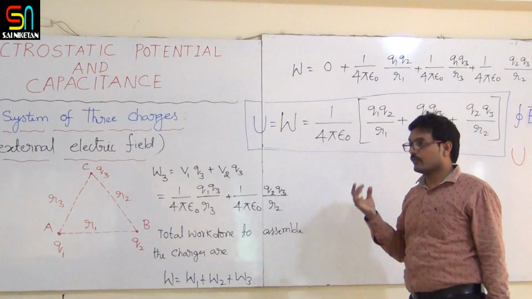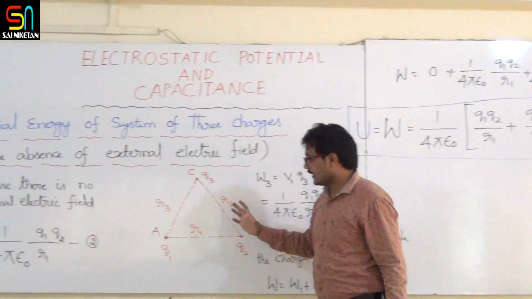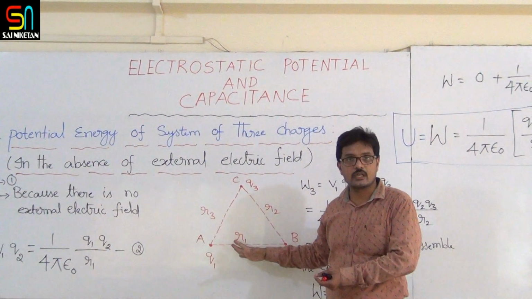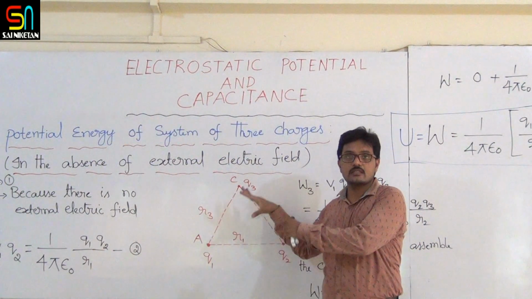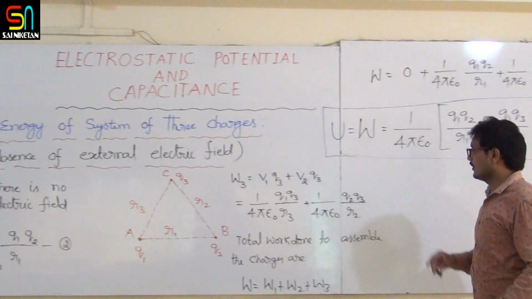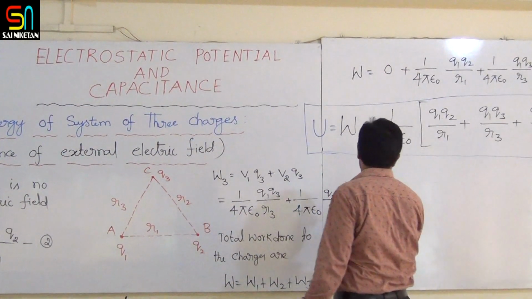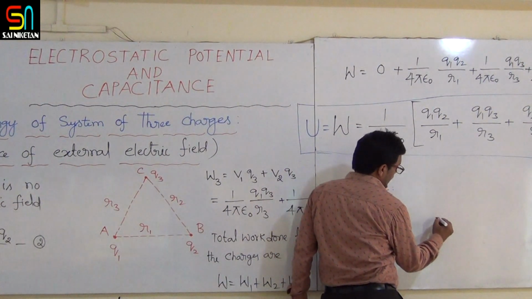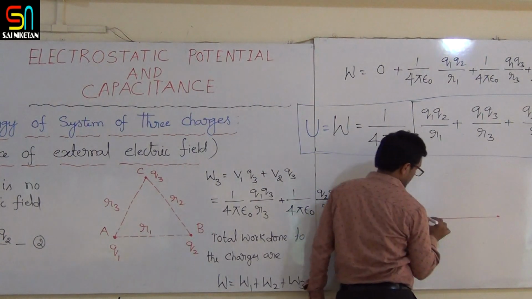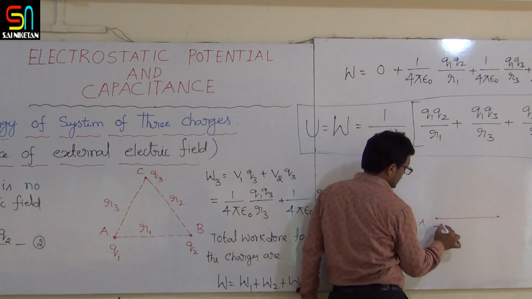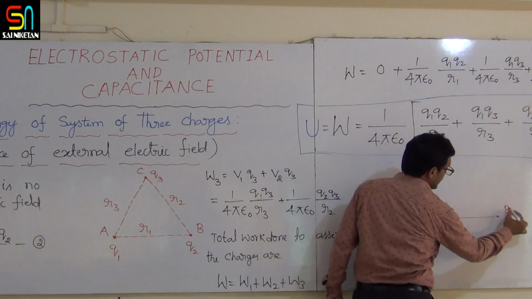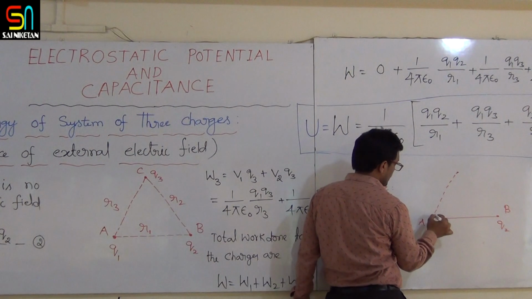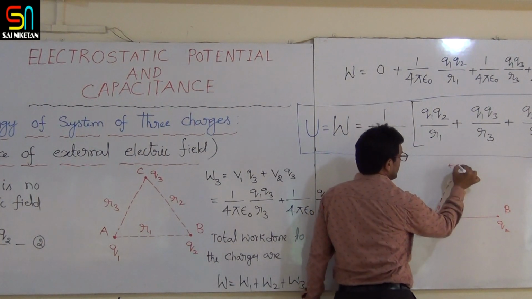And one more thing: while taking the charges, whatever the original sign of the charges, whether positive or negative, we must use the original sign. For example, take three charges. At point A, the charge is minus Q1. At point B, it is plus Q2, and at point C the charge is plus Q3.